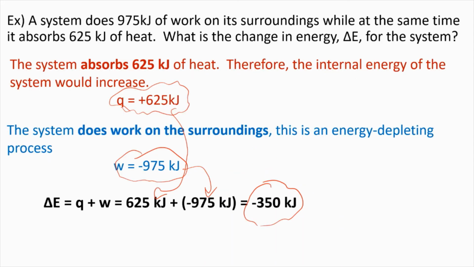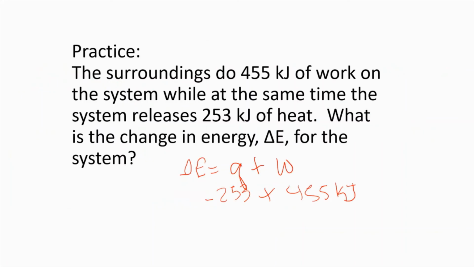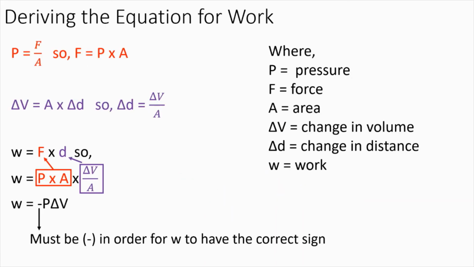Because in the example above, we had a positive Q and a negative W. Here we have a positive W and a negative Q. So when you put those together, you get 202, and that is in kilojoules.